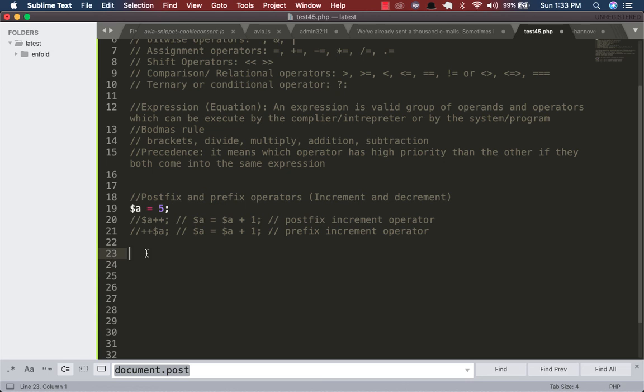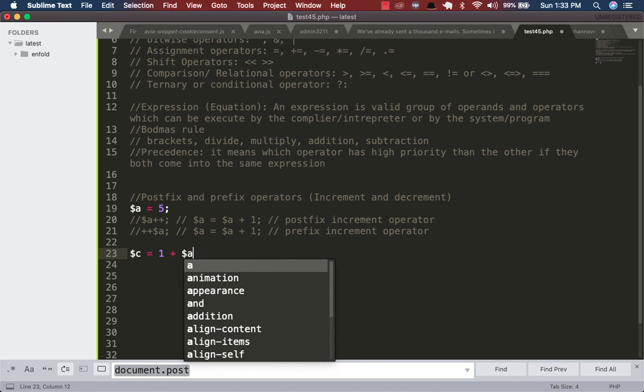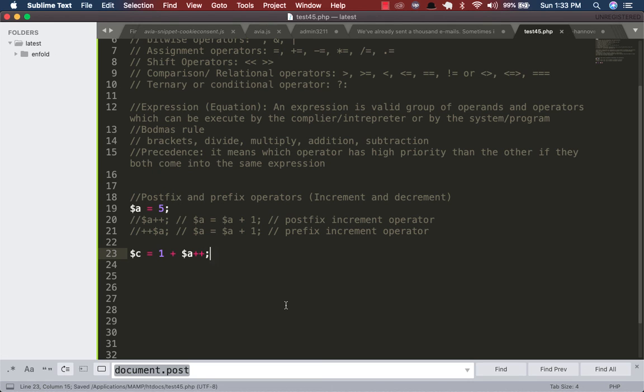Now let me show with another example. I will write $c equal to $a plus plus. If we check it, the result could be 7 or it could be 6.